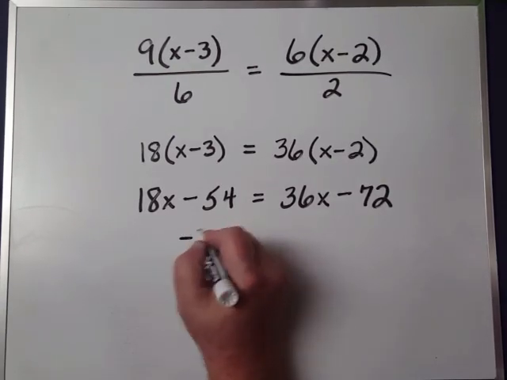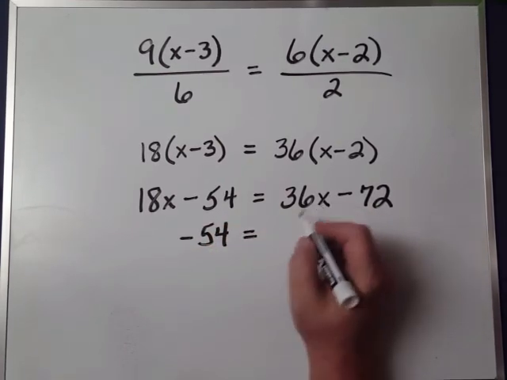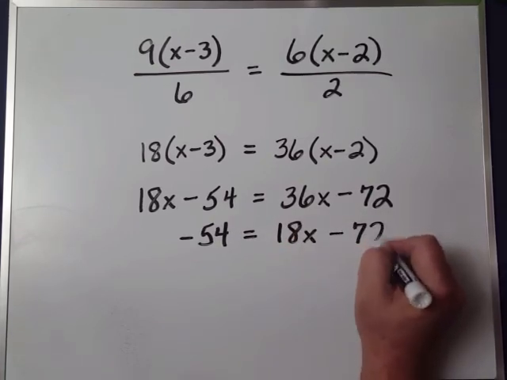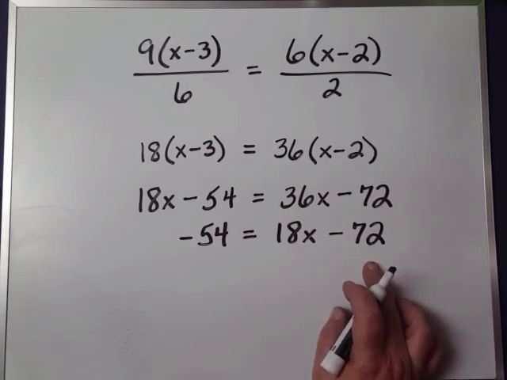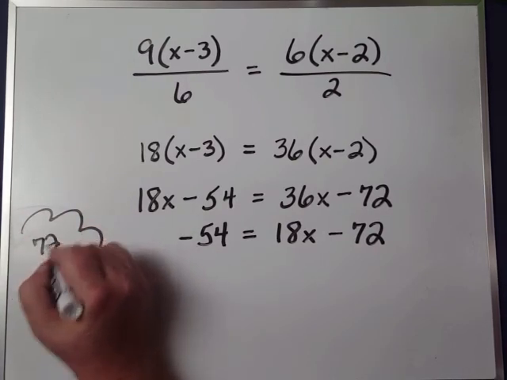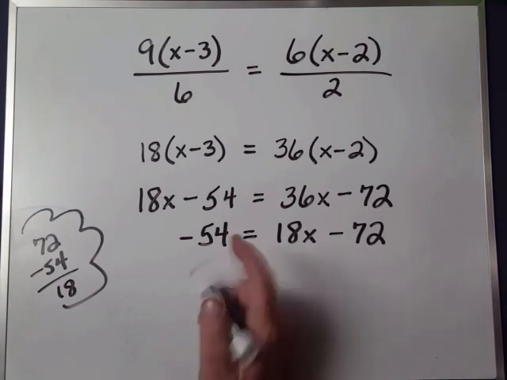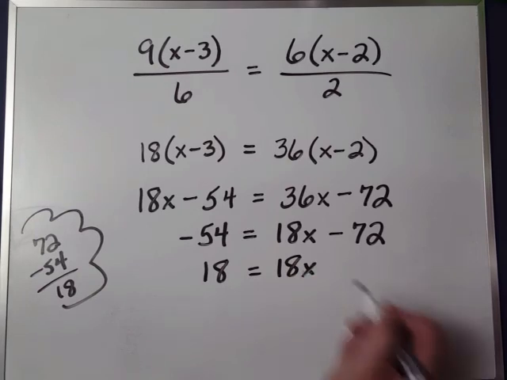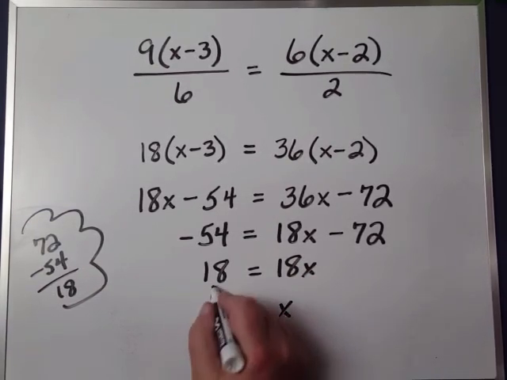Subtract 18x from both sides. Add 72 to both sides. We have 18 equals 18x. Divide both sides by 18. And x equals 1.